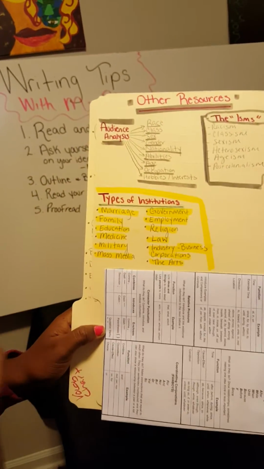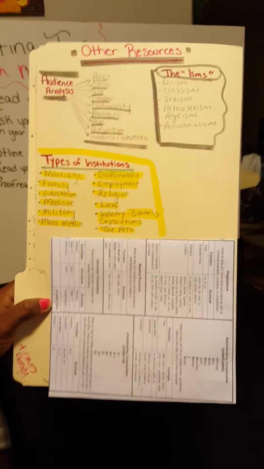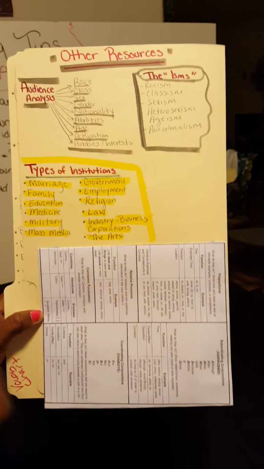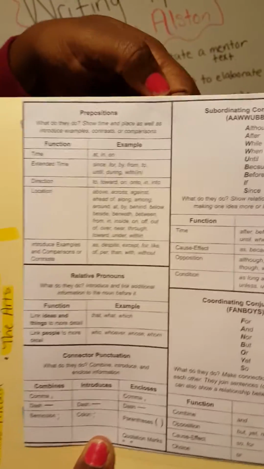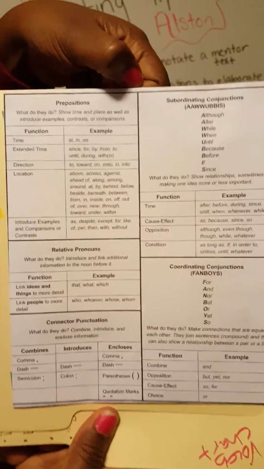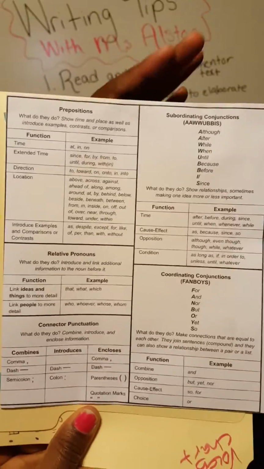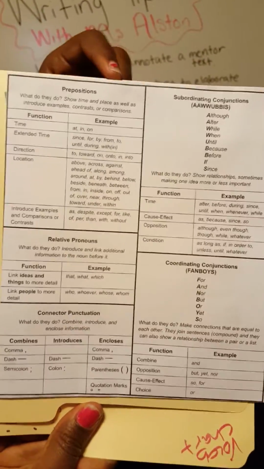So that's one way to make connections when you are writing and when you're reading, and to really show your understanding. And then I also printed off just a transition sheet for you, and you can put this on the back of your folder as well.